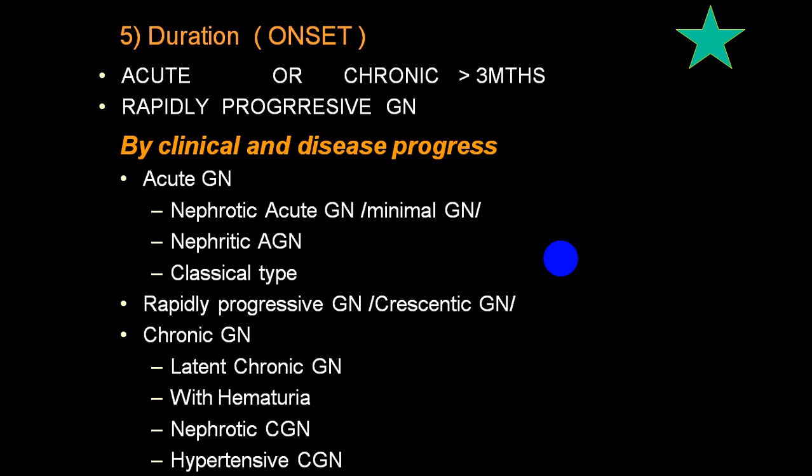There is another group we call rapidly progressive glomerulonephritis, or crescentic glomerulonephritis, which is a histopathological diagnosis. Chronic glomerulonephritis is divided into latent chronic glomerulonephritis with hematuria, nephrotic variety chronic glomerulonephritis, and hypertensive chronic glomerulonephritis. These are the sub-classifications.